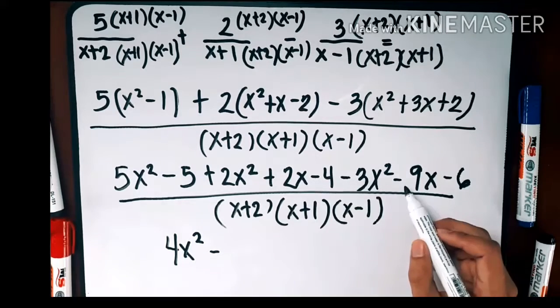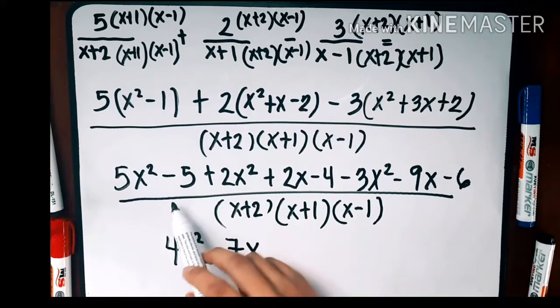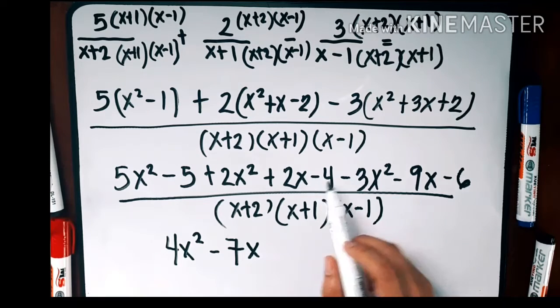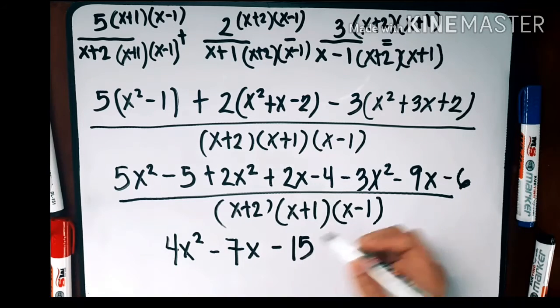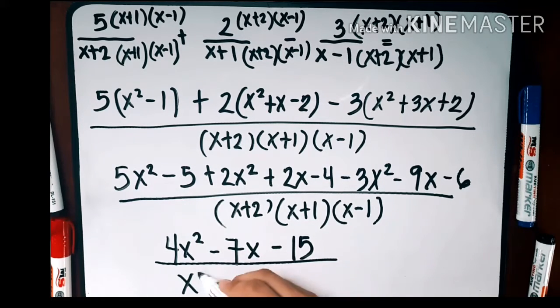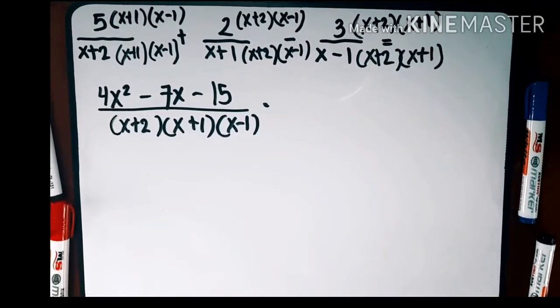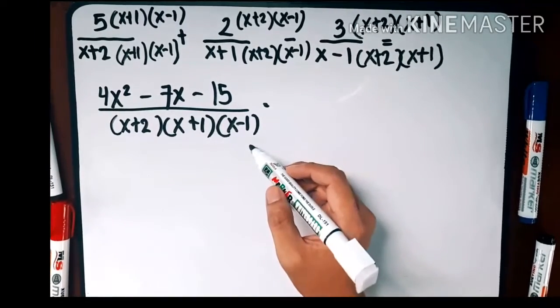Positive 2x plus negative 9x is negative 7x, and yung constant negative 5 plus negative 4 is negative 9 plus negative 6 is negative 15, over x plus 2, x plus 1, and x minus 1. Okay, 4x squared minus 7x minus 15 over x plus 2, x plus 1 and x minus 1.